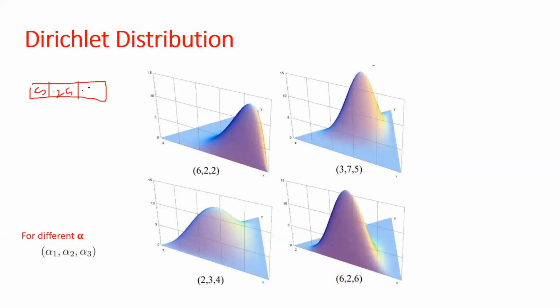What is the chance of bringing this distribution? Who decides how frequently this distribution can be generated? It depends upon the parameters alpha 1, alpha 2, alpha 3, which are the parameters of a Dirichlet distribution. Once you vary these parameters, there can be a very high probability of this distribution coming.